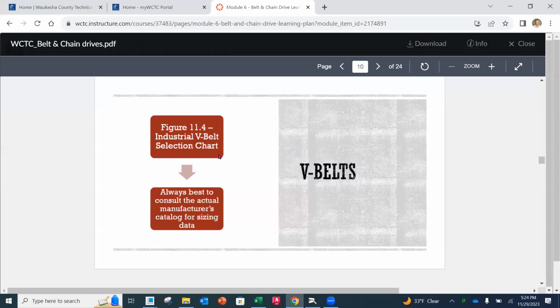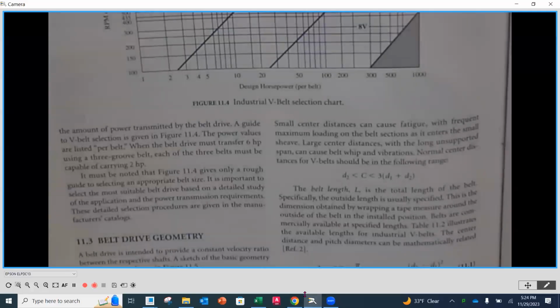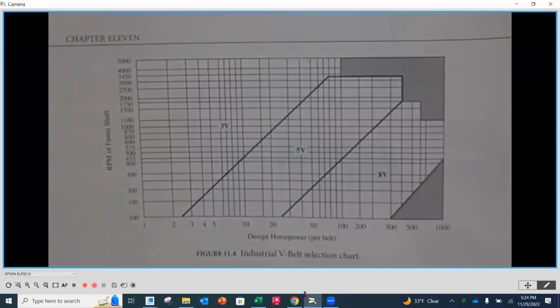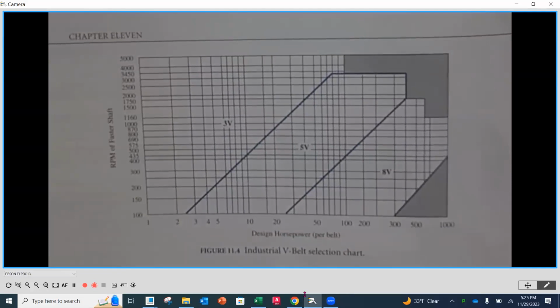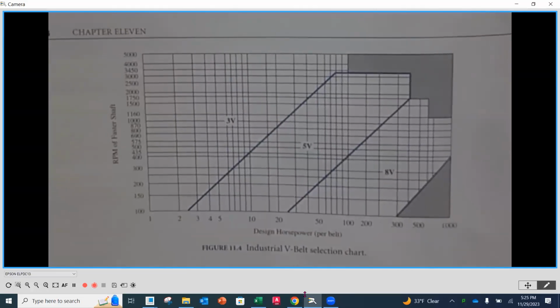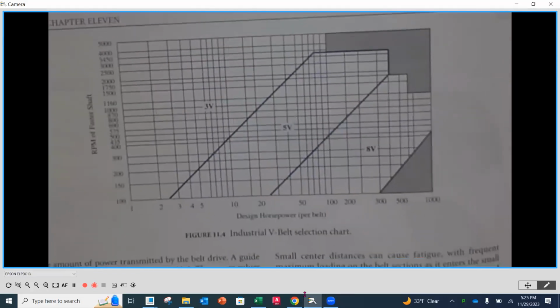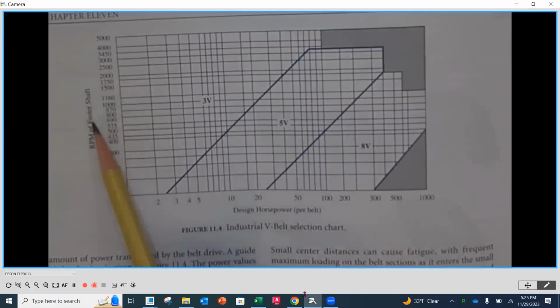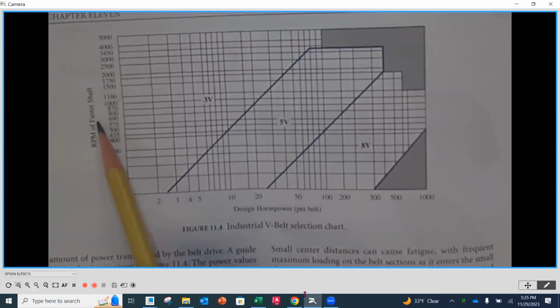As we look at V belts, we're going to look at figure 11.4. On the next page, page 304, we're going to find this chart at the top. This is how we are going to be picking the appropriate size for our belt drive. That's going to be based on what we call the design horsepower and the RPM of the faster sheave, which is the smaller sheave of the pair.